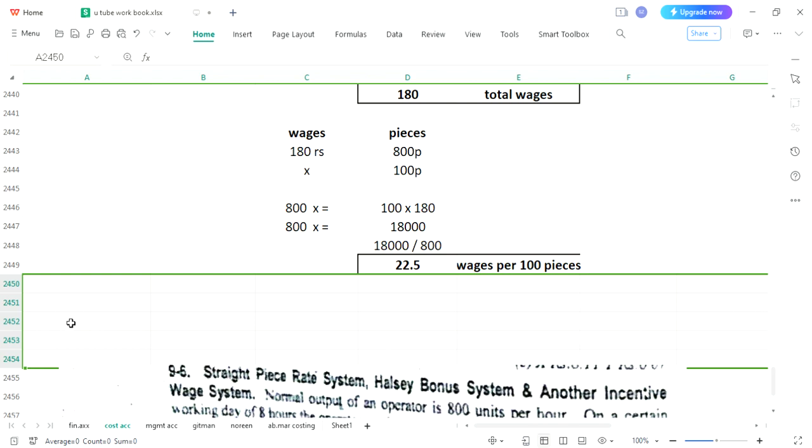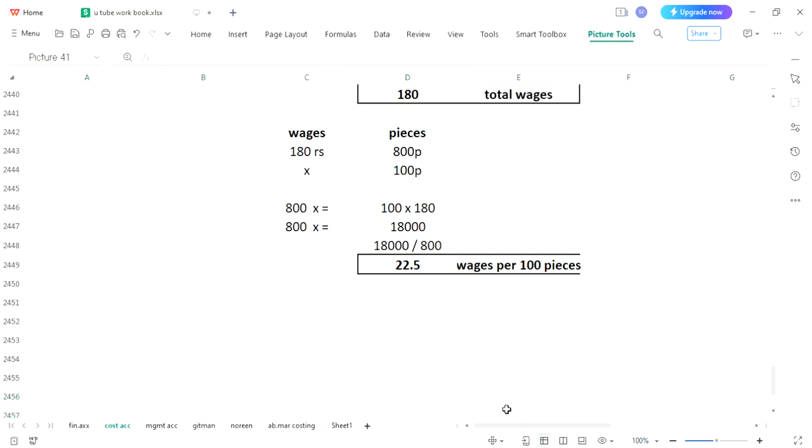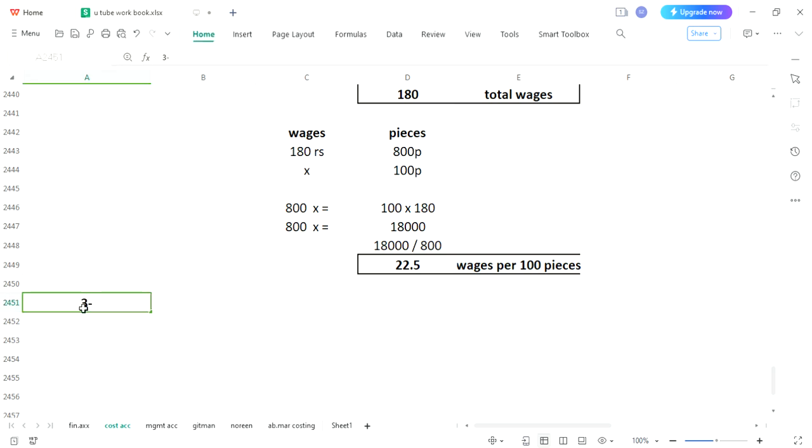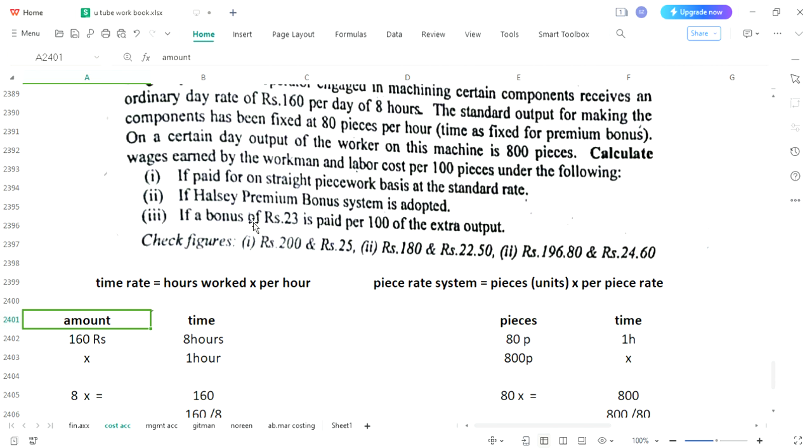We have the next question. Okay, let's put it down. For the third part, let's read out our question. If a bonus of 23 is paid for 100 extra output.